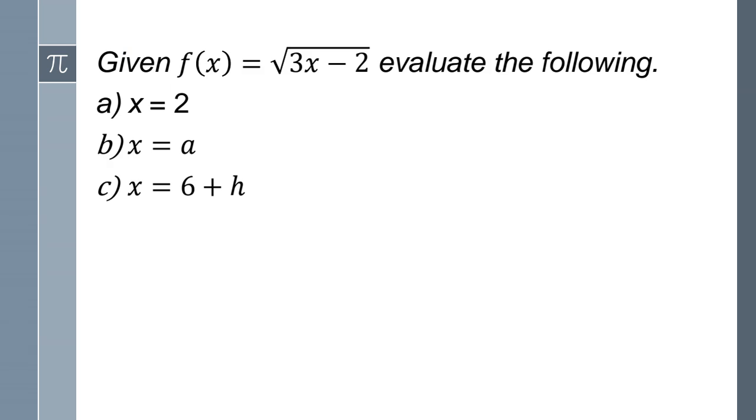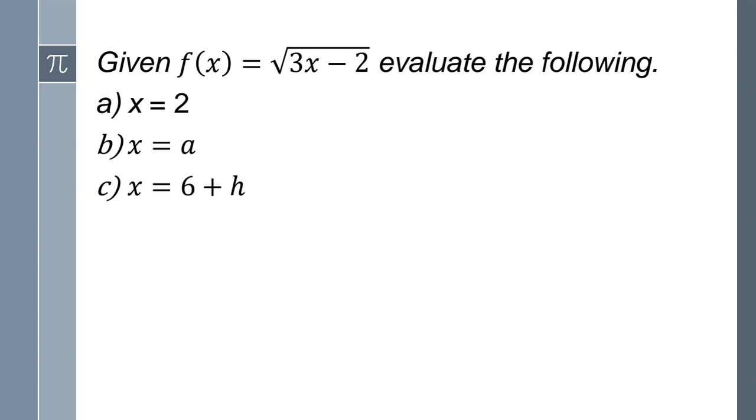They gave me a function here, given the way we read this is f of x. Now, please, this is just a name. This is the most common name that we give functions, but this is telling me that I'm dealing with a function, and we like to use the letter f. My input values or my domain are the x values, and when I evaluate this function, the output, or what's going to come out, are my y values.